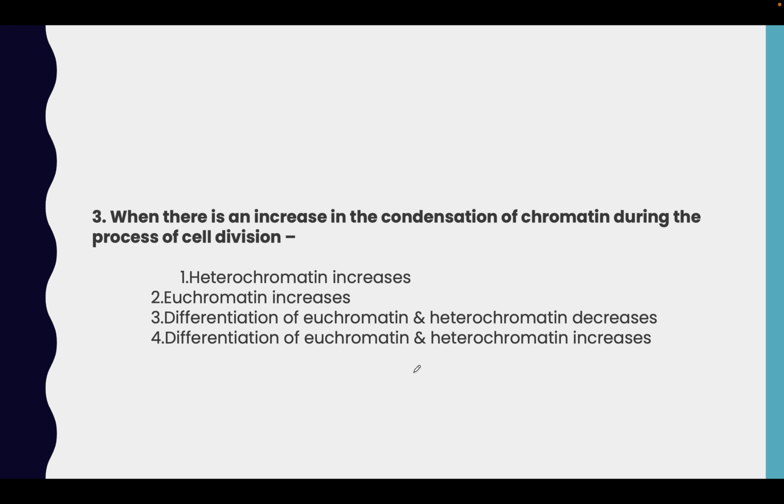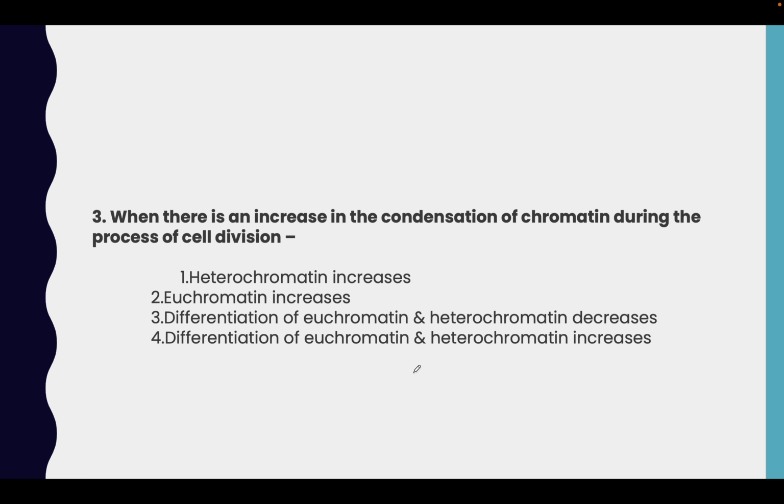So heterochromatin increases, you are right. Whenever chromatin condenses during cell division, heterochromatin increases because heterochromatin is the more tightly condensed form of chromatin, making it the primary form of chromatin that increases in this situation.